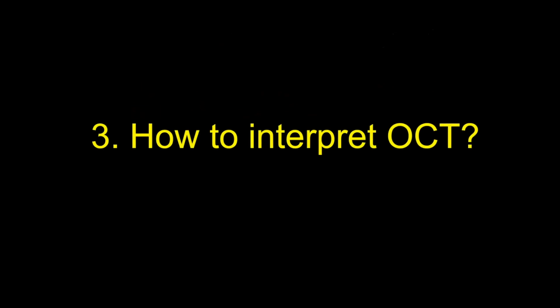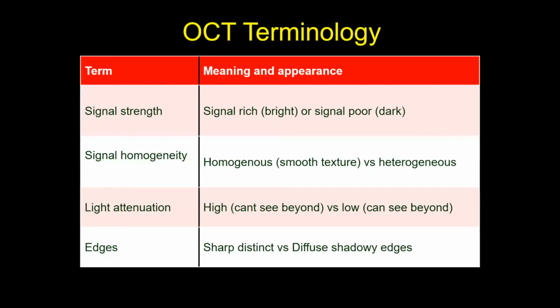Okay, so obviously we want to see how to interpret OCT. And again, I would just like to go into a very simple scheme of interpreting OCT. The terminology is simple. We are going to look at a few things, and then on the basis of that, we can decide, if we are seeing a structure, what it is.